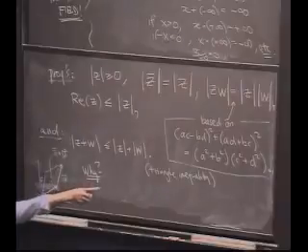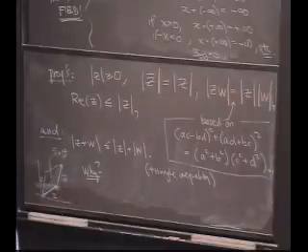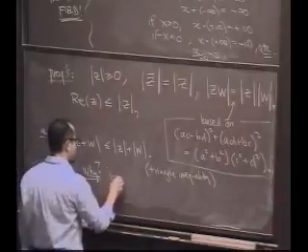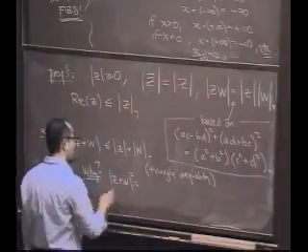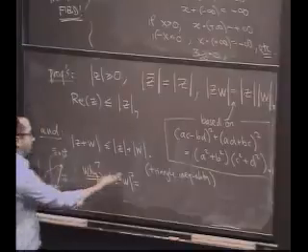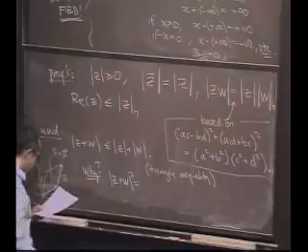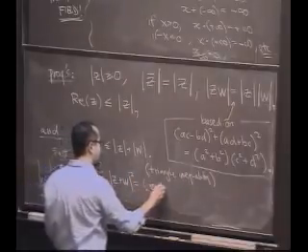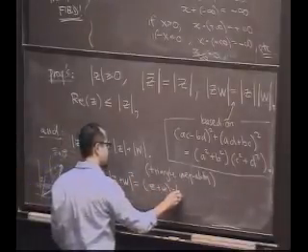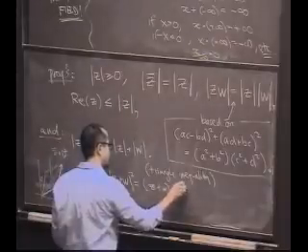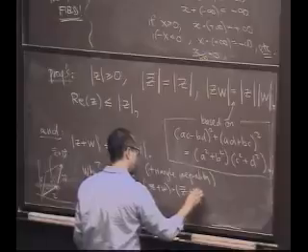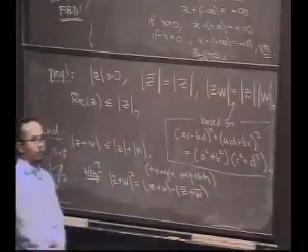Right? Length squared is z dot z bar. So this is one of those proofs that once you see the thing to start with is this, then it's easy enough. This is z plus w times what? z bar plus w bar. It's the conjugate of the other thing, right?